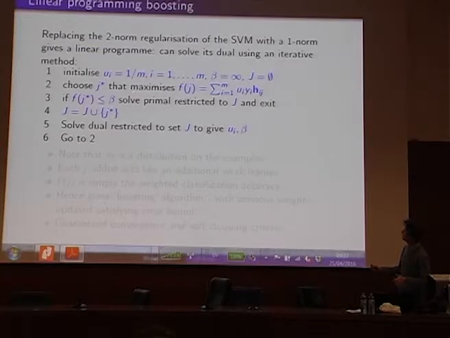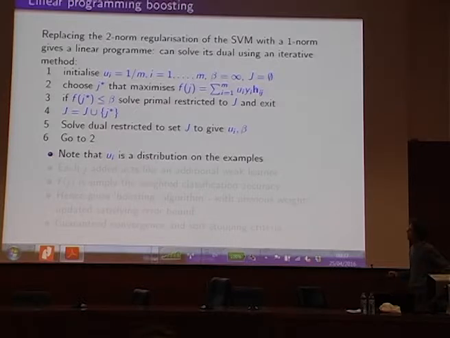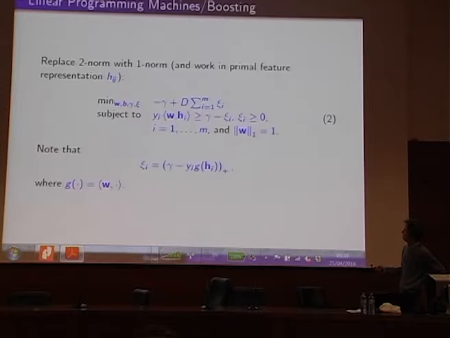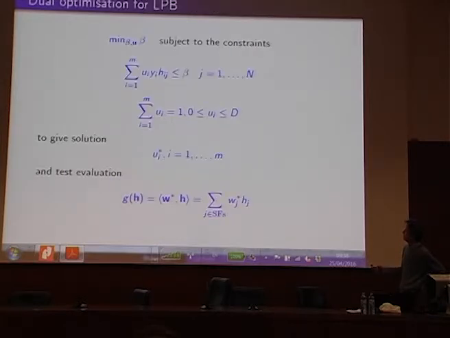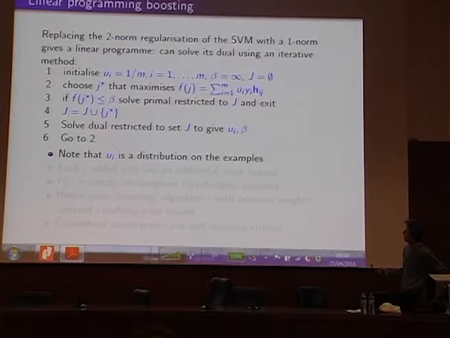And that's essentially what's happening here. We look for the maximum of this quantity. If it's less than beta, then we're done, we exit. If it's not, then we add it, and we solve again and iterate around. So there's a few things to note. u_i is a distribution on the examples. That comes from the property here that the sum of u_i equals 1 and it's positive.